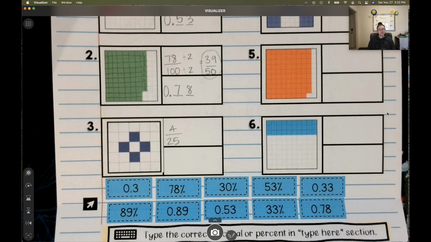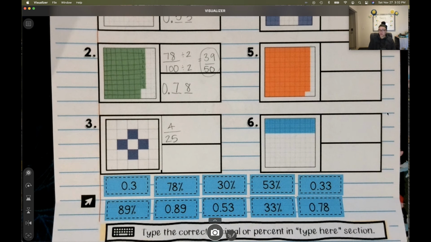And now we need to get our decimal. That 0 point trick only works when what's my denominator? 100 or 10 or 1,000. There's 2 ways you can go about figuring out what this is as a decimal.